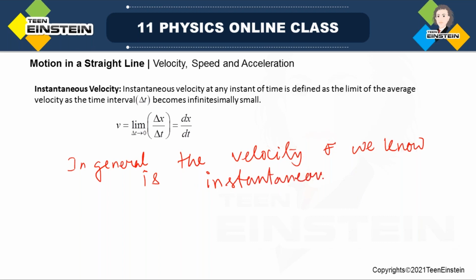Instantaneous velocity is written simply as velocity also, and it is as usual denoted by v. Small v, sometimes people write capital V, sometimes people write u also, u for initial velocity and v for final velocity.